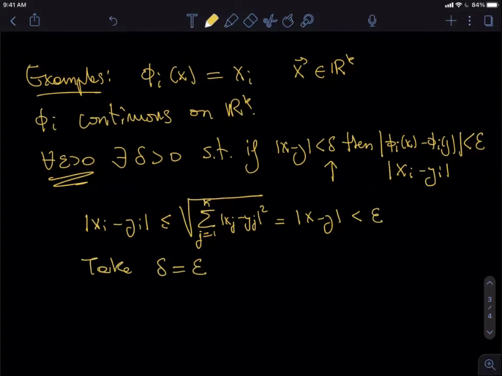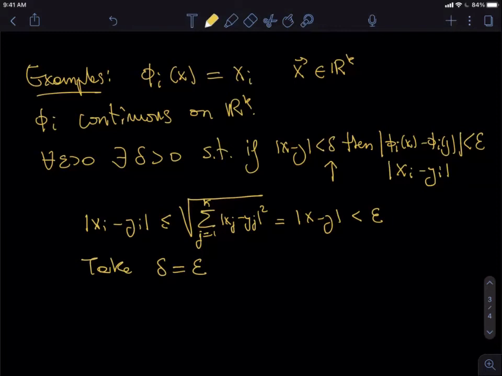So if we take delta equal to epsilon, then it's clear that for every epsilon, if the norm of x minus y is less than epsilon, then the absolute value of phi_i of x minus phi_i of y is less than epsilon too. This may sound a little silly because it's actually very easy. It's just not so easy to write carefully.